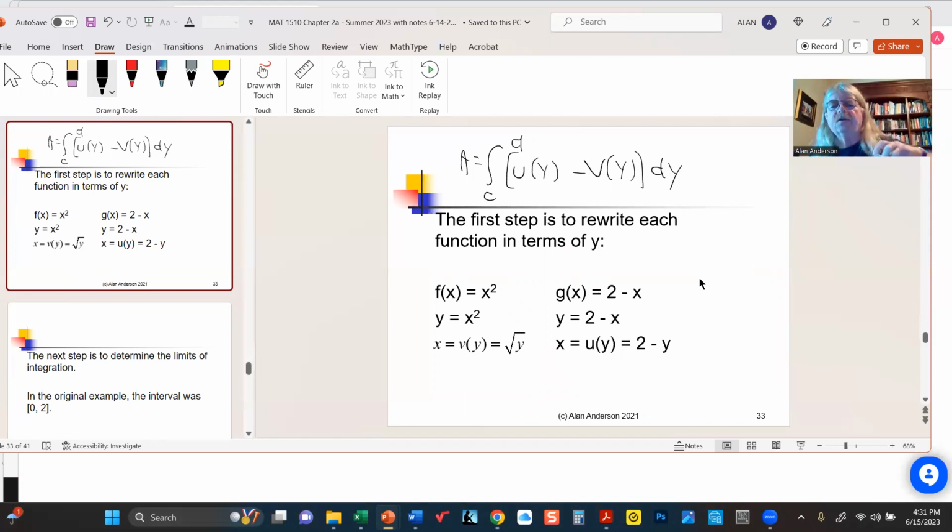G of x equals 2 minus x is the same thing as saying y equals 2 minus x. Therefore, what we're going to do is write x equals v of y, and that means what you're basically doing here is solving for x.